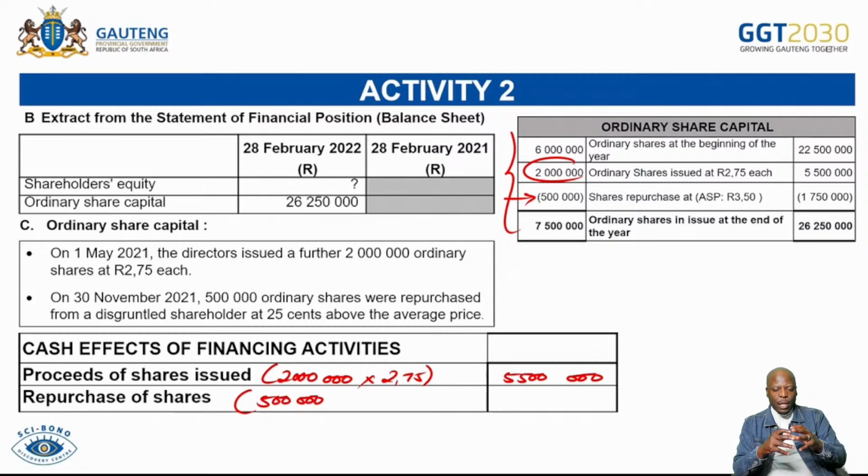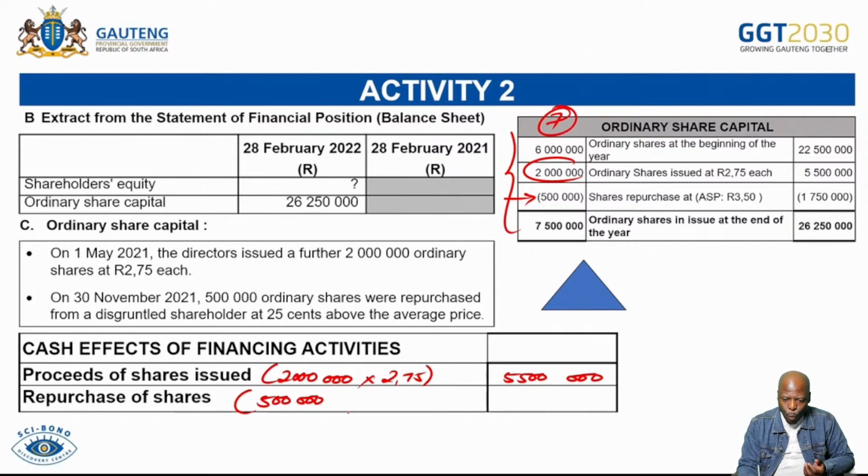So you can see that this financing activities, it works a lot from your note number 7. And already I brought in my triangle to say, what amount am I going to use? Am I going to use the 25 cents? Remember, the cash flow statement is at the top there. My average price is here, which is note number 7, 3 Rand 50. And then on the retained income, that is where I bring my above, which is 25 cents.